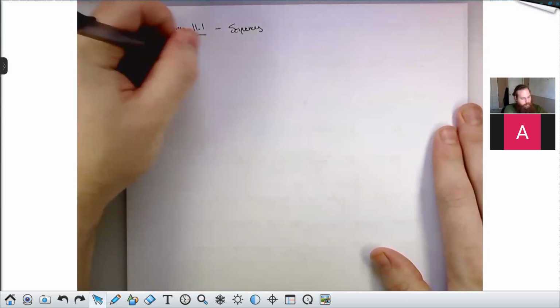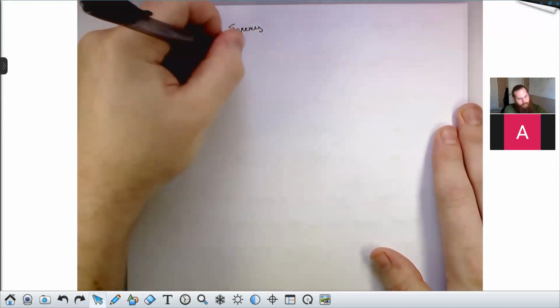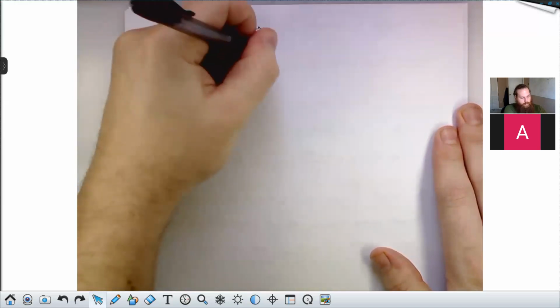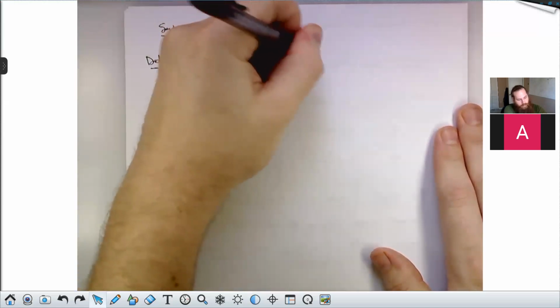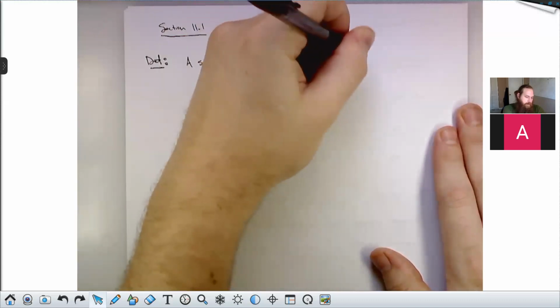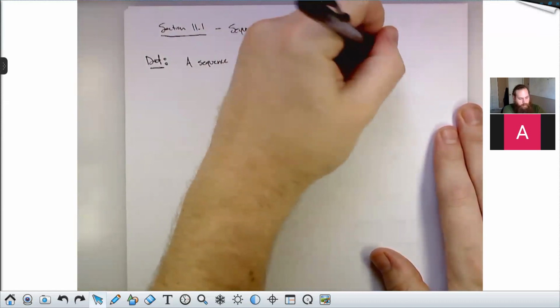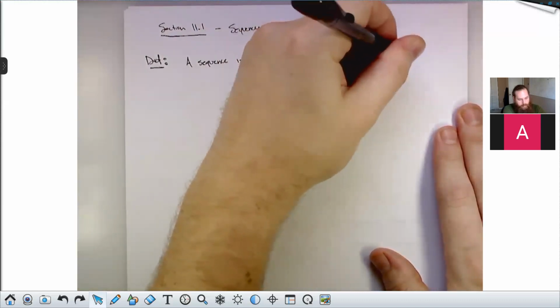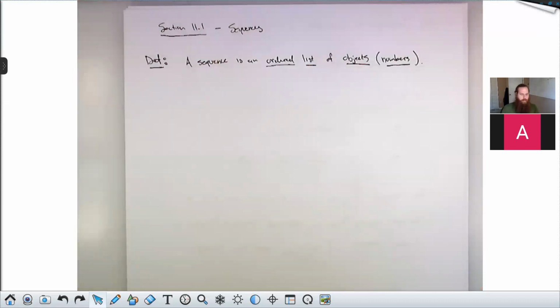So first, a sequence is an ordered list of objects. Usually the objects are numbers. But you could, in theory, have a sequence of cars, a sequence of planes, a sequence of concepts, a sequence of anything.